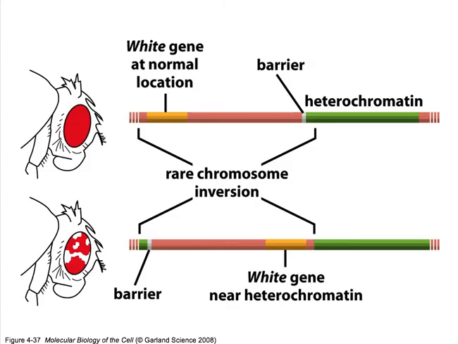The impact of the configuration of DNA in regions of the chromosome is illustrated by this example here. Fruit flies, which are invertebrates, those that hang around bananas, have been studied as genetic model organisms for many decades.